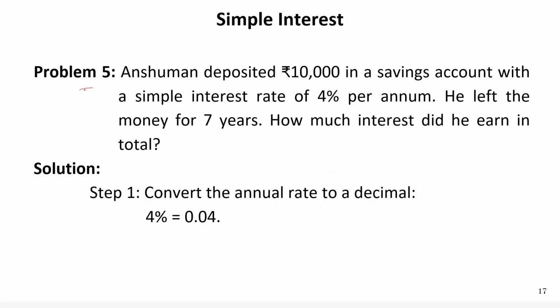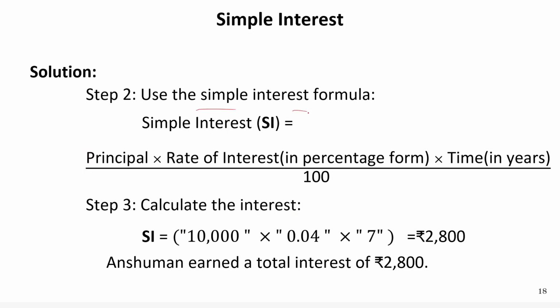So let's see problem number 5, step-by-step solution. Step 1 says convert the annual rate from percentage to decimal. So 4% is equal to 0.04. So using the simple interest formula, simple interest is equal to principal into rate of interest into time by 100 in percentage form, but SI is equal to PRT when R is in decimal form.